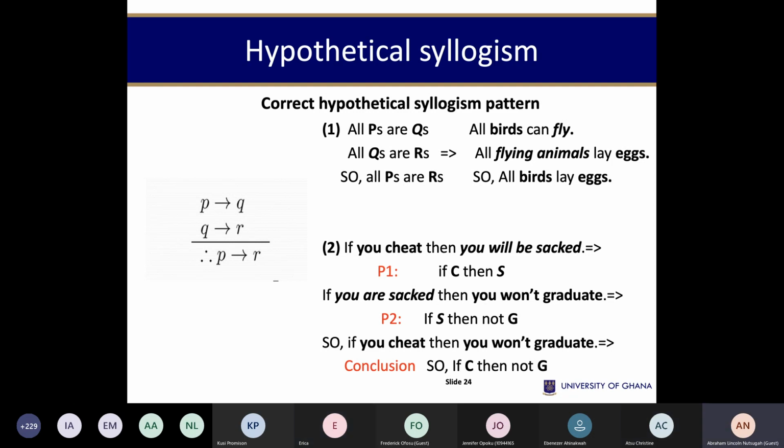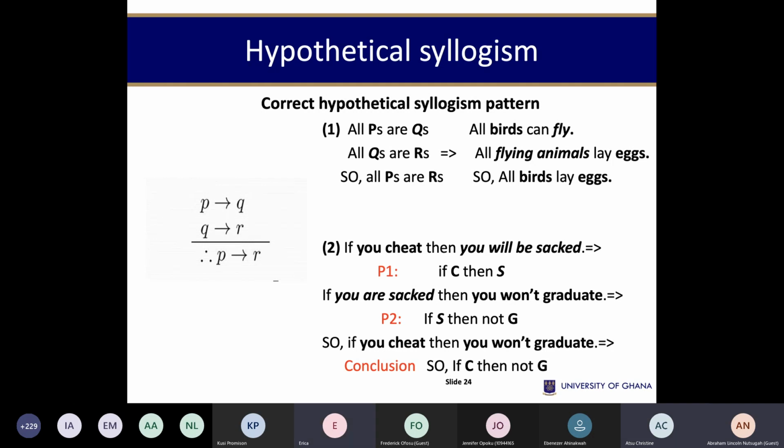So let's take the first one. If all birds can fly, it means if you are a bird, then you should be able to what? To fly. That is a conditional statement. But when you look at the second premise, we've introduced another thing different from the variables in the first premise.